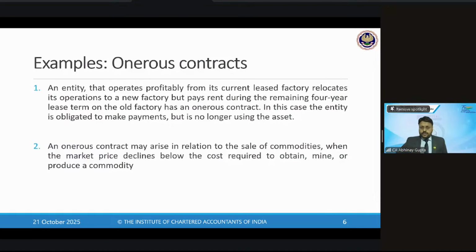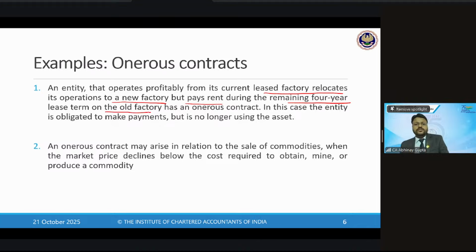Now, let's do quick examples. An entity that operates profitably from its current leased factory relocates its operations to a new factory, right? So there is a factory which the company has taken on rent from which it was carrying out its manufacturing operations. Now it is relocating its factory operations to the new factory, but pays the rent during the remaining 4-year lease term, right?